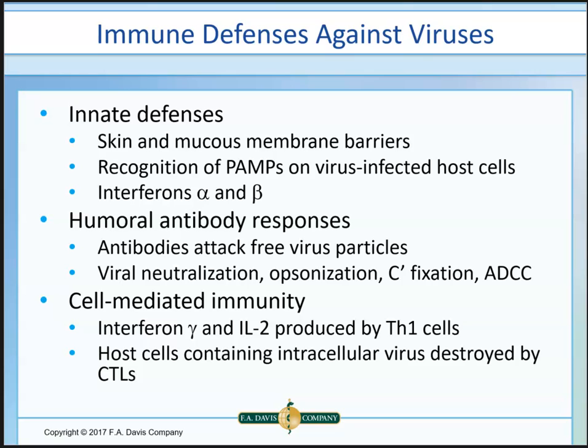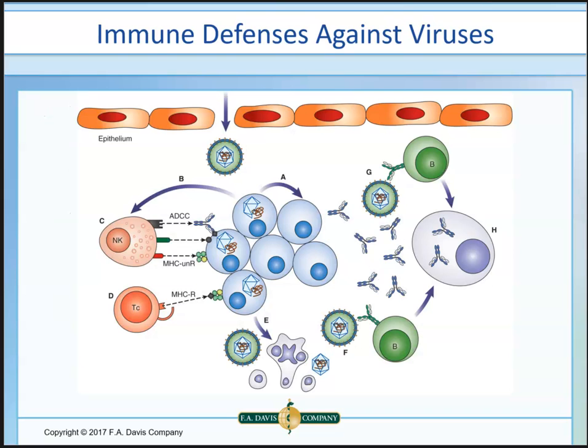Then cell-mediated immunity: interferon gamma this time and interleukin-2 will produce T helper cells. The host cells that contain the intracellular virus are destroyed by CTLs, the cytotoxic lymphocytes we're talking about. If you look at this figure, it shows you the different types of immune responses.